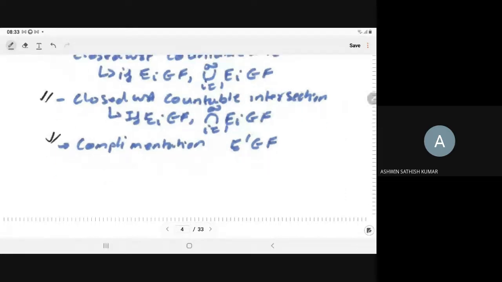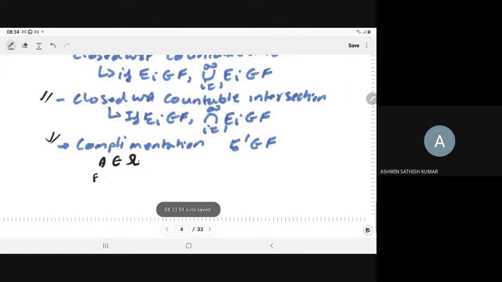So let us assume we have any event E of the sample space omega. If you want to find the family, it must contain the sure event, it must contain the impossible event, that set should be there, and it should be closed with respect to complement.